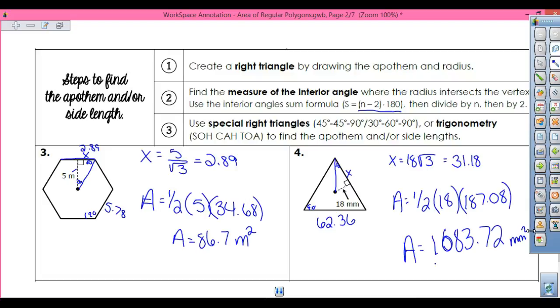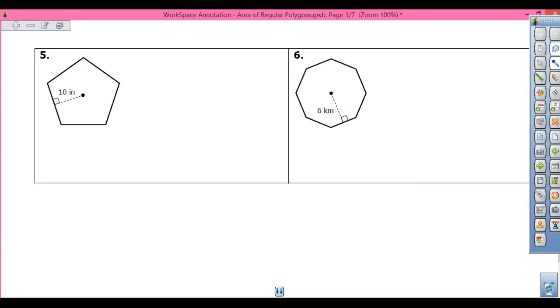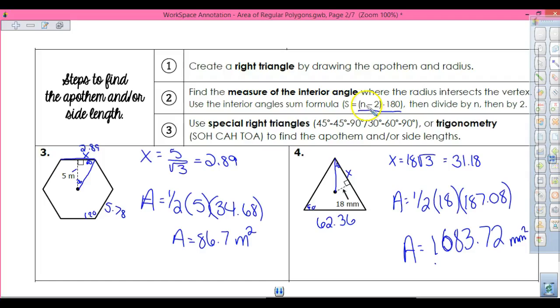Alright, so now we've got a pentagon. Each angle of a pentagon is going to be 108. How did you find that? 5 minus 2. Yep, that formula is right at the top of your page. A pentagon has how many sides? 5.